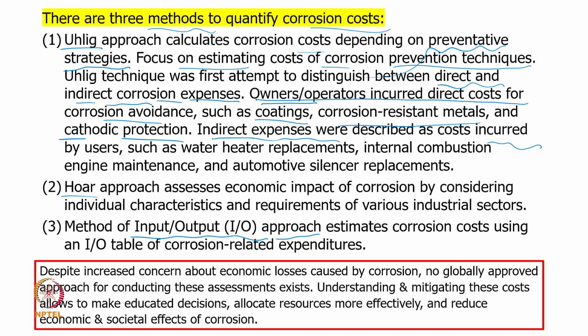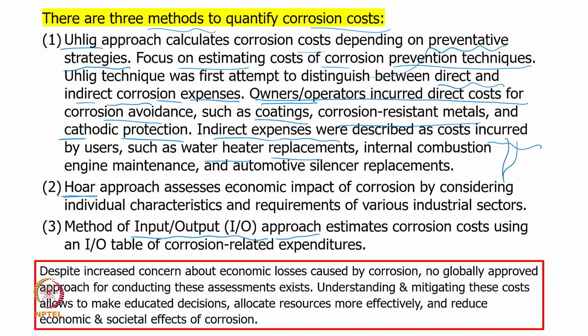Indirect cost falls directly on the users. If some damage happens in your systems, then you need to bear it, or maybe the customer or user needs to bear it. So, mostly indirect cost is related to that, borne by society itself.